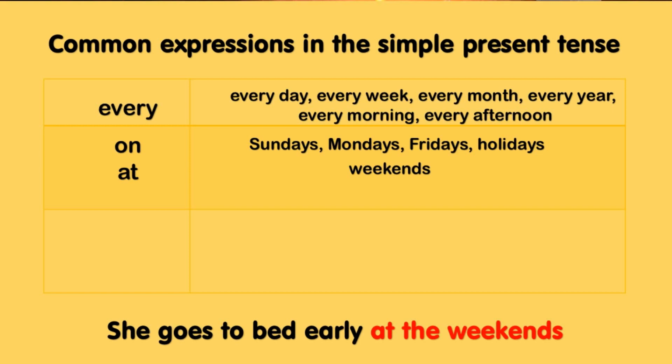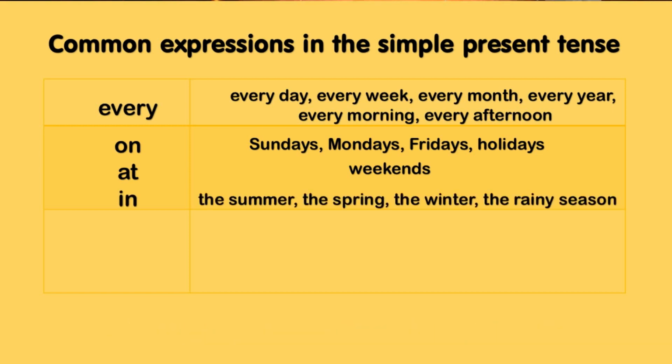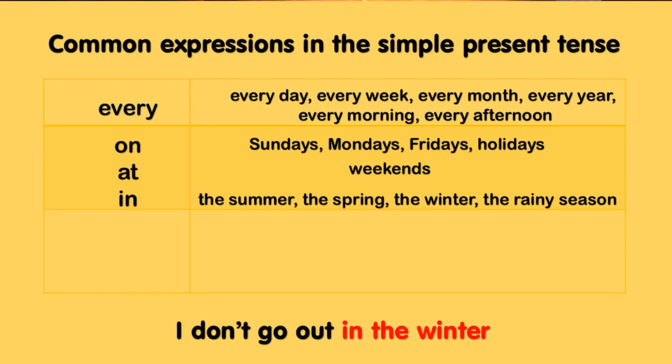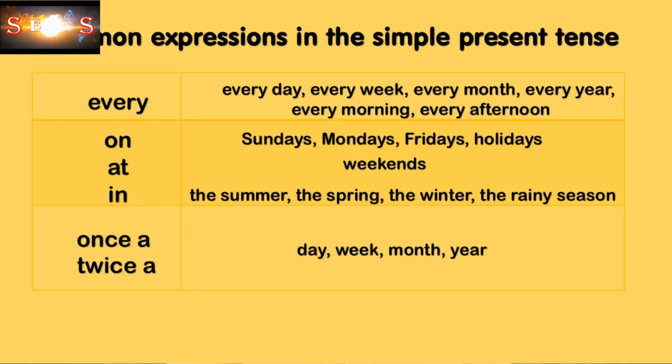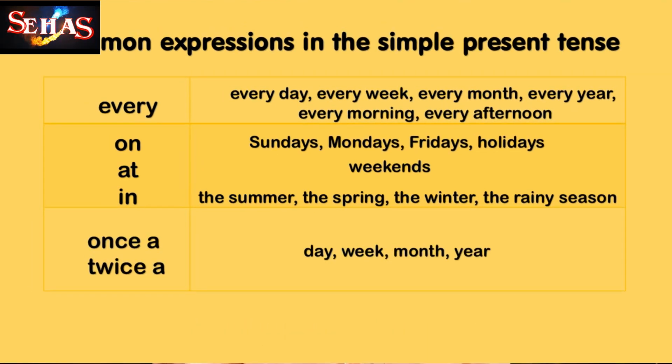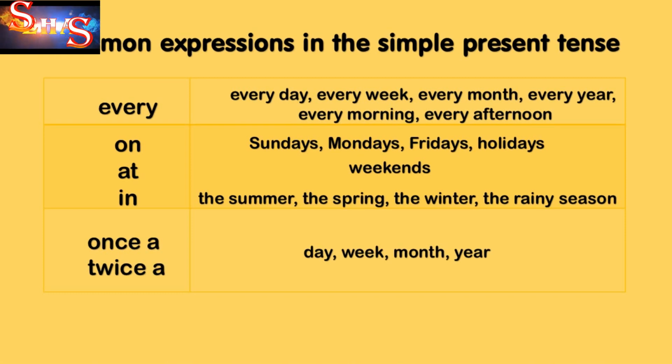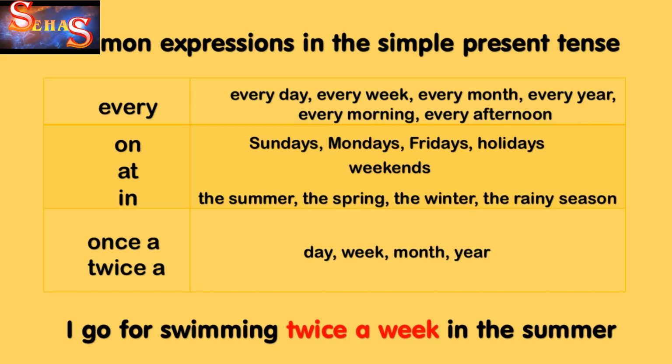Similarly, we can use in the summer, in the winter, in the rainy season. I don't go out in the winter, for instance, right? In addition to that, we can mention expressions like once a week, twice a week, like that. For example, I go swimming twice a week in the summer. So all these are sentences in the simple present tense.